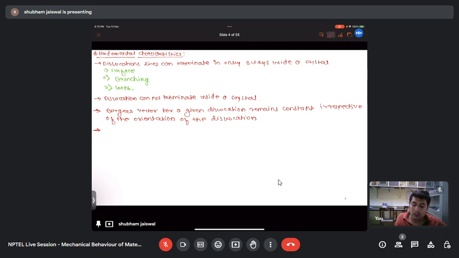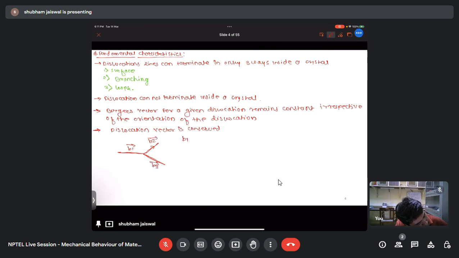Then we have seen that the Burgers vector is conserved. Suppose this is one dislocation, it is B1, and if it is branching out in two, let's say this is B2 and this is B3.